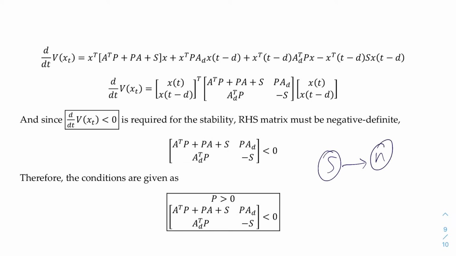Sufficient condition and necessary condition, right? So those LMI conditions, if they hold, imply stability. However, stability doesn't imply that condition. Okay, just wanted to point it out. These are all sufficient conditions, and we often strive for less conservative conditions, all right?